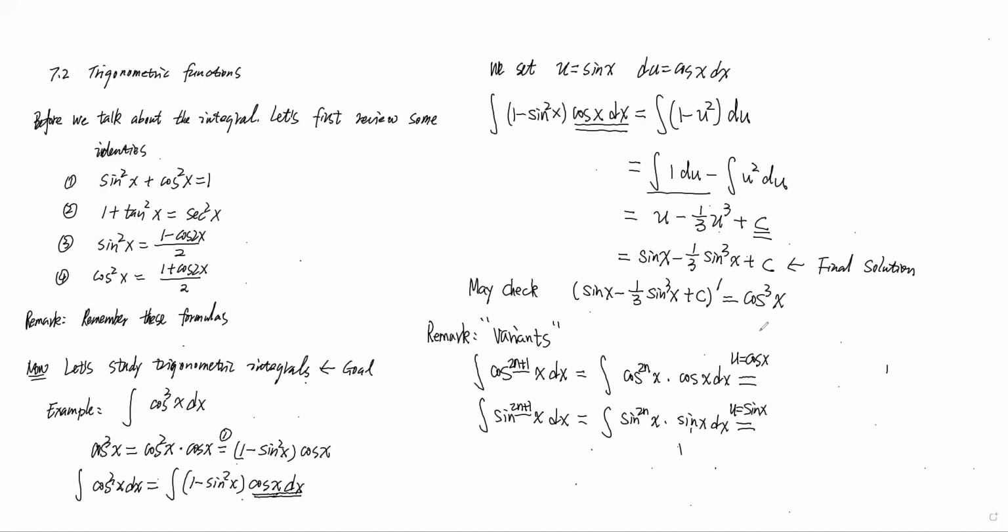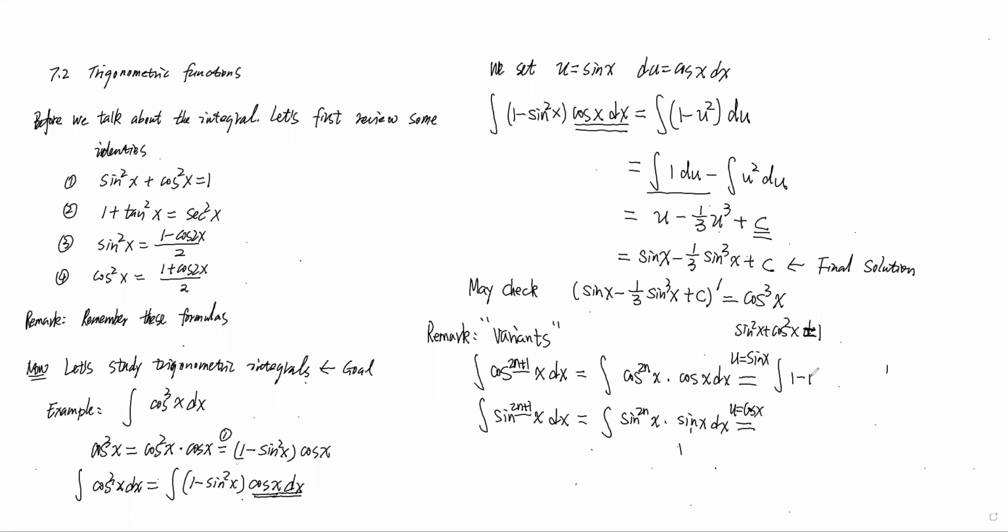And also we use sine squared x plus cosine squared x is 1. Okay. So we will get 1 minus, you know, I think I made a mistake. Anyway, here this should be sine x. This should be sine x. This should be cosine x.